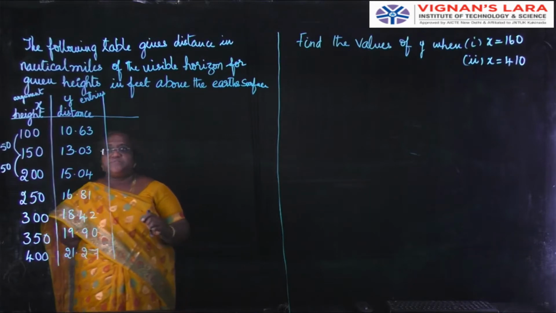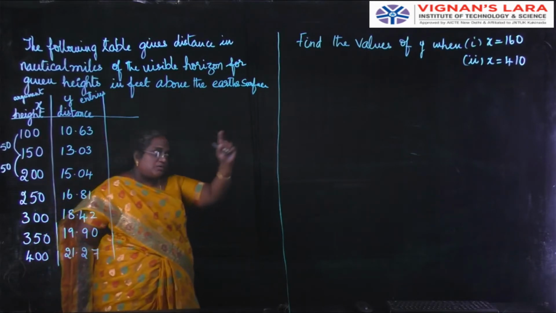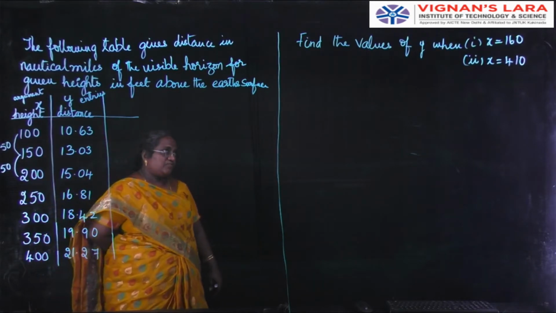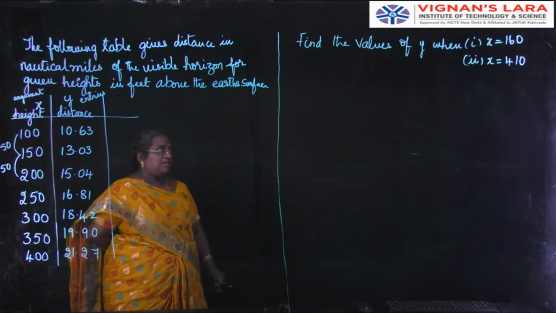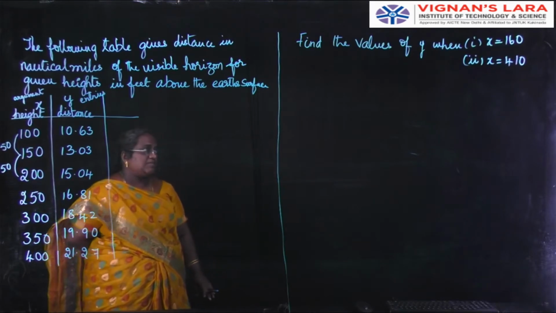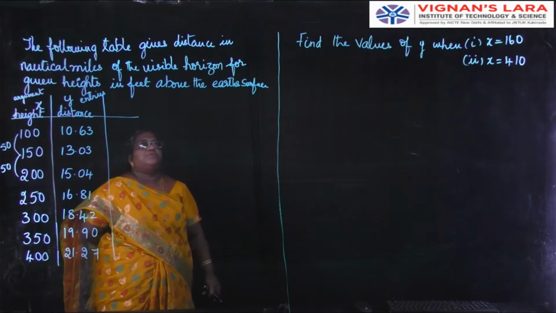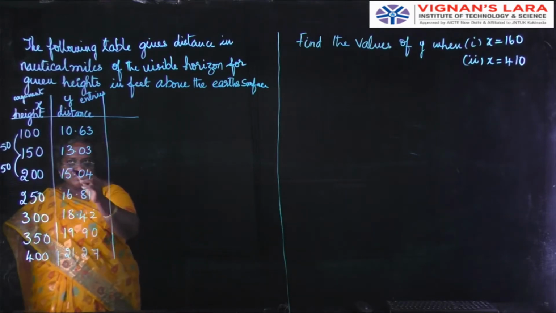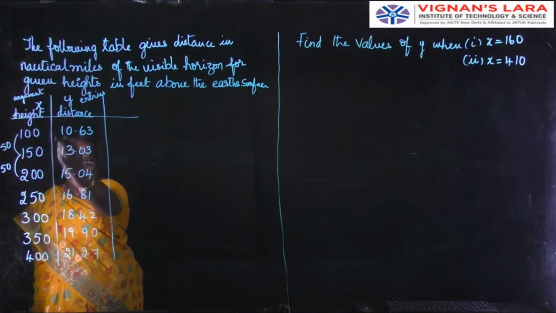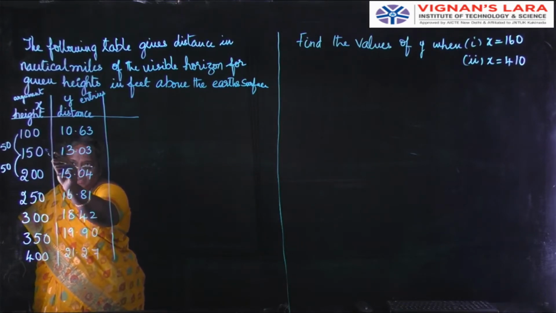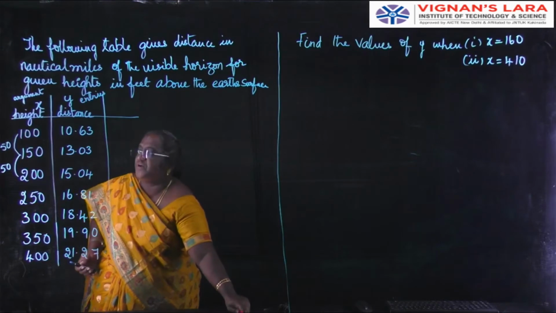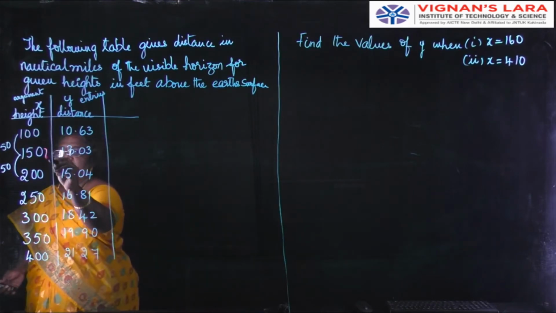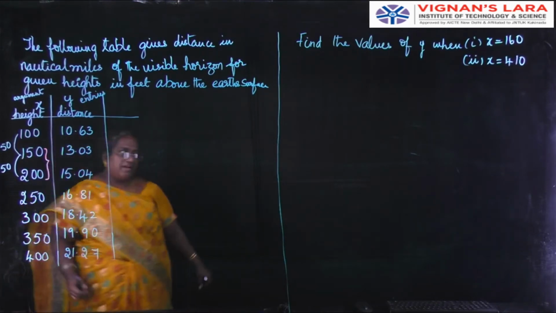So what is the formula that suits now? Now see what value is asked. Find the value of y when x is equal to 160, and x is equal to 410. So x is equal to 160. Where is x equal to 160? It is between 150 and 200.